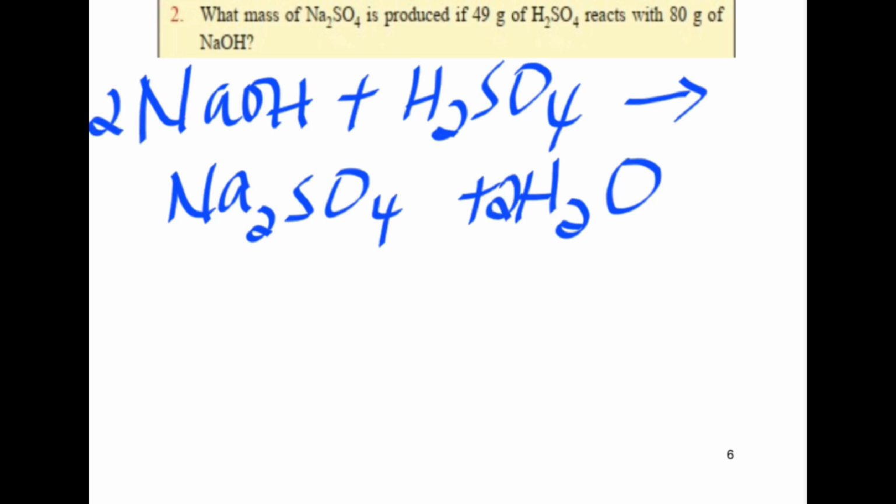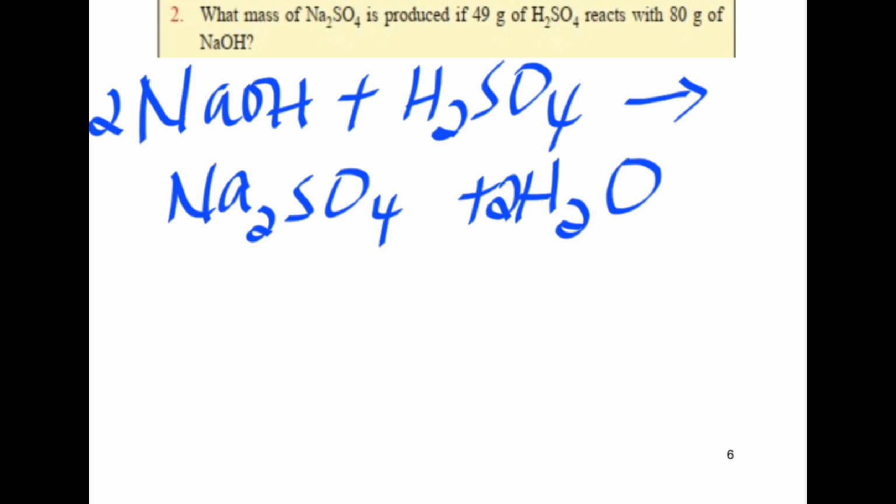Now I think it's balanced. So when two amounts are given, you have to use the concept of limiting and excess reactants. We are asked to obtain the mass of sodium sulfate produced.